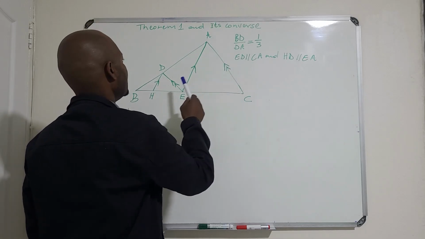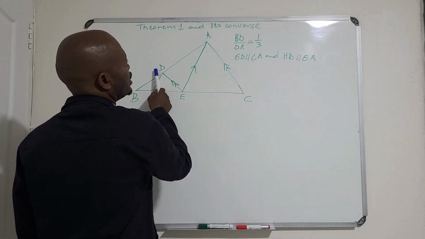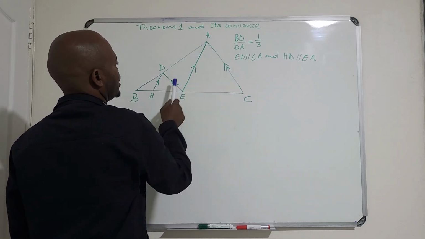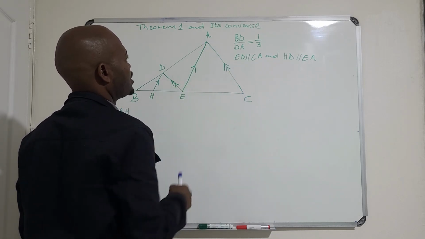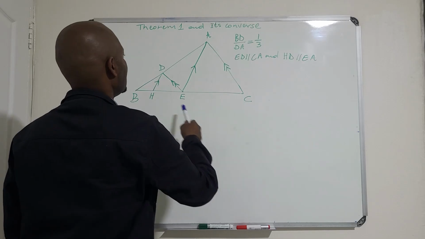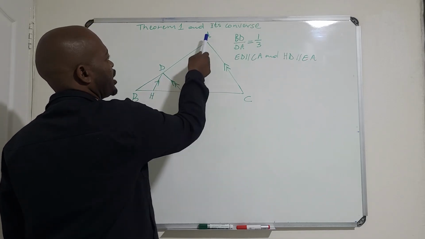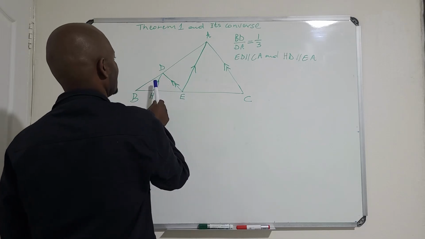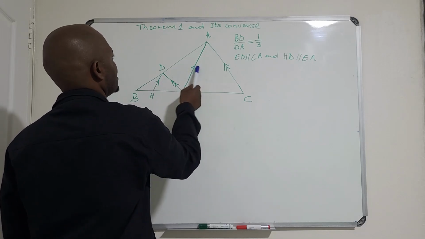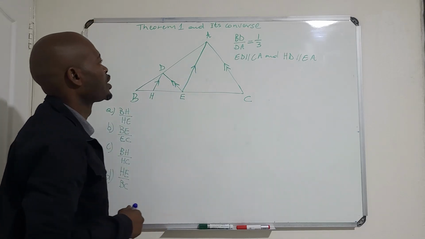And ED is parallel to CA, as you can see. This is parallel to that. And HD is parallel to EA. So this is parallel to that, as you can see.